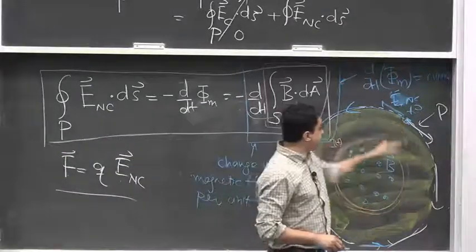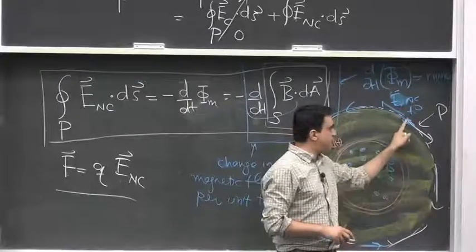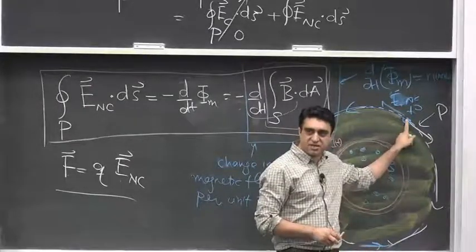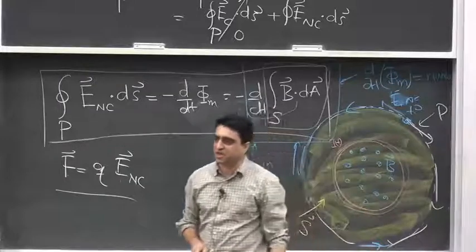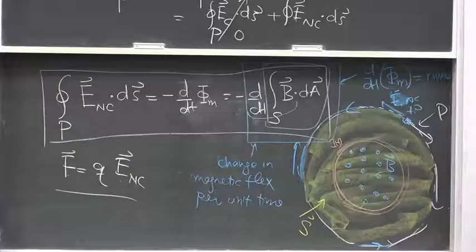So you have this solenoid with a changing magnetic field inside, and I put a positive charge over there. What if, instead of a positive charge, I have a metal wire around it?